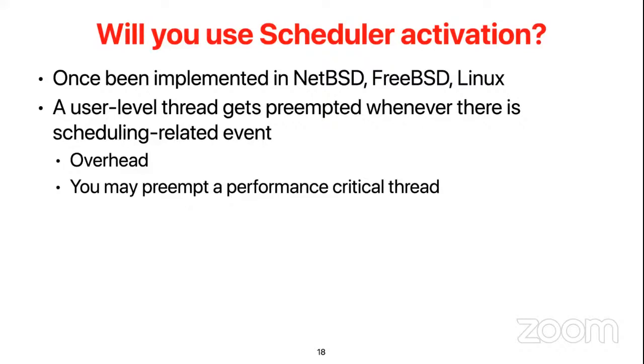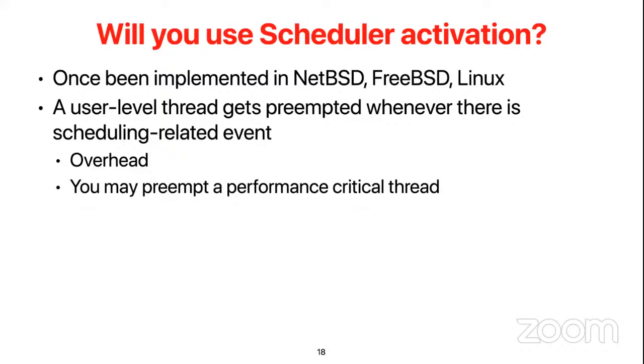Because the kernel is completely blind, the task of a user level thread is still invisible from the kernel. So even though we give you multiple processors in the very beginning, I may preempt one of the processors given to your program. And what if the virtual processor that gets preempted is the performance critical one?